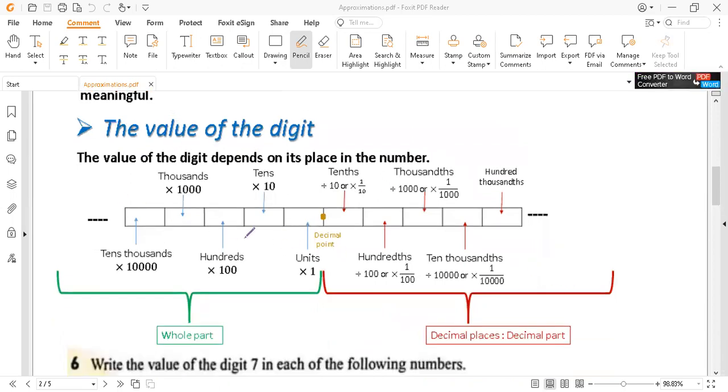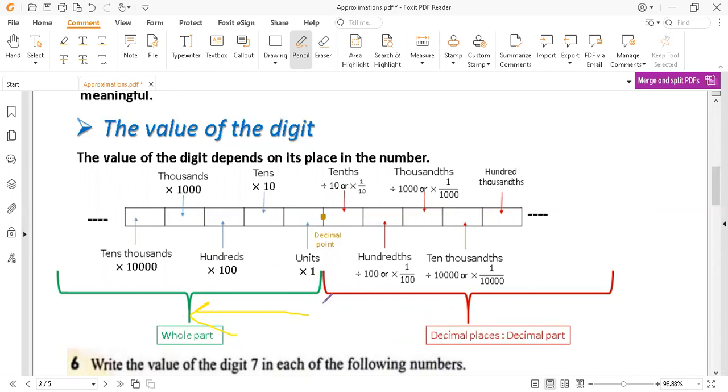We know that any number can be written with different digits and places. We have the whole part places, starting from the unit. The decimal point of a given number distinguishes between the whole part places and decimal places.